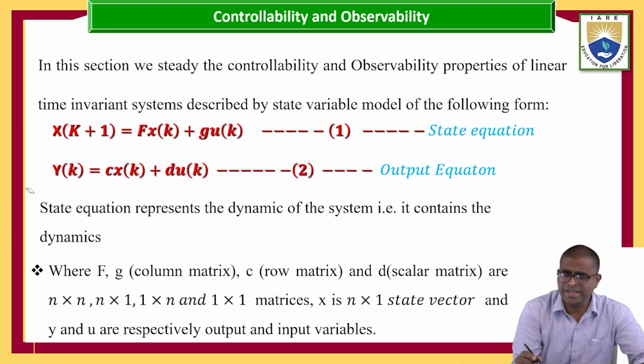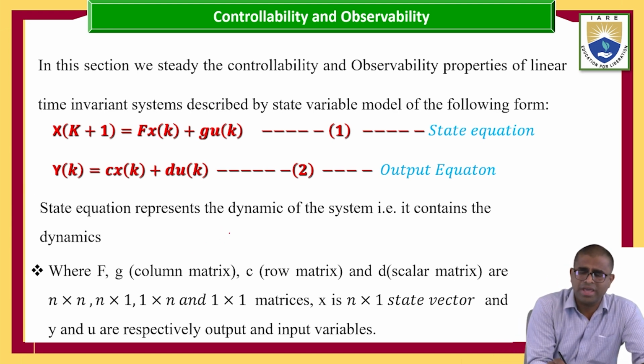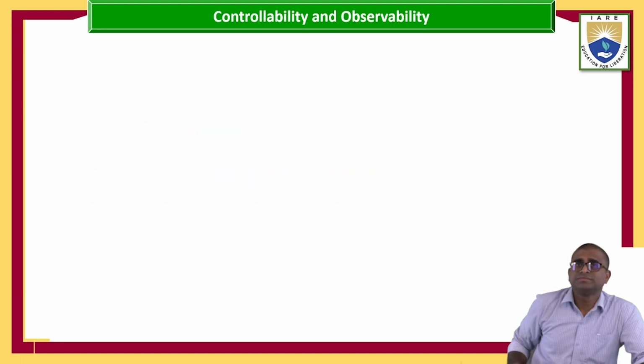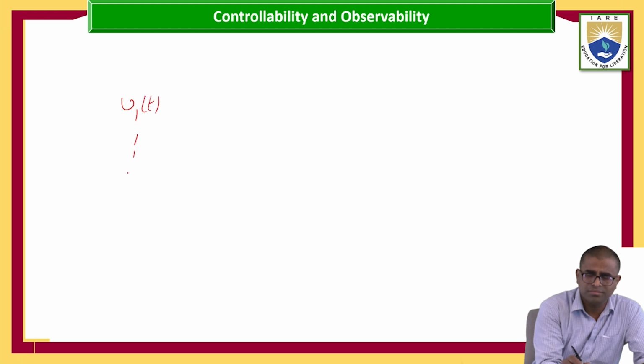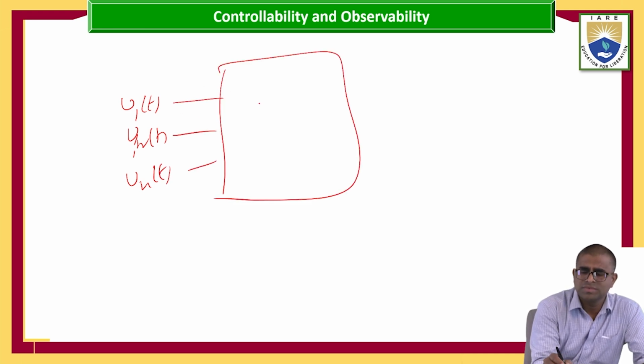If you take any simple block diagram, here I am representing a single block diagram with inputs u1 of t up to so on. These are the variables we are applying to the control system.